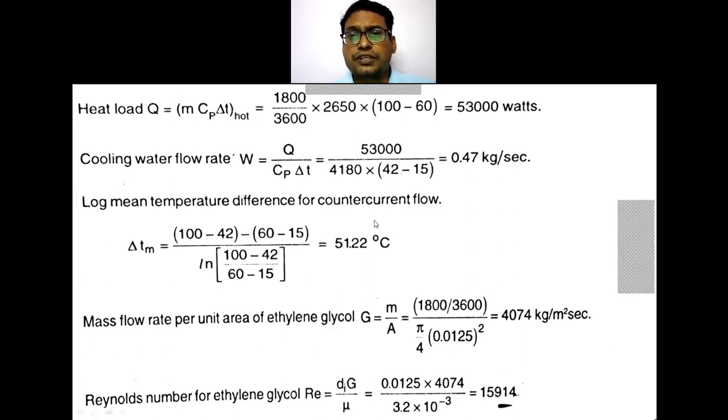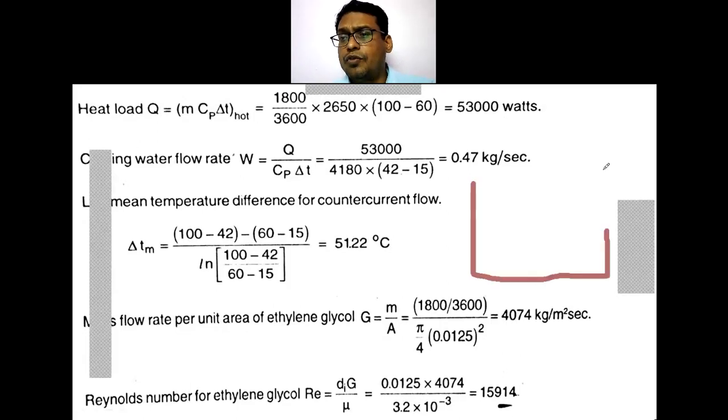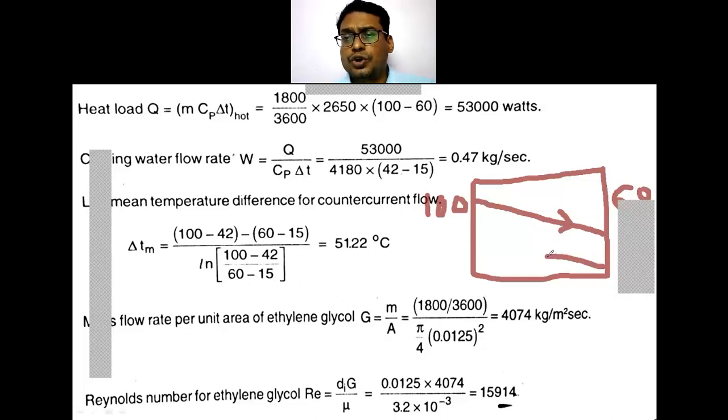So the temperature difference is considered using the temperature profile diagram for the counter current flow heat exchanger. Your ethylene glycol temperature reduces from 100 degrees Celsius to 60 degrees Celsius, and for water it is from 15 degrees Celsius to 42 degrees Celsius.